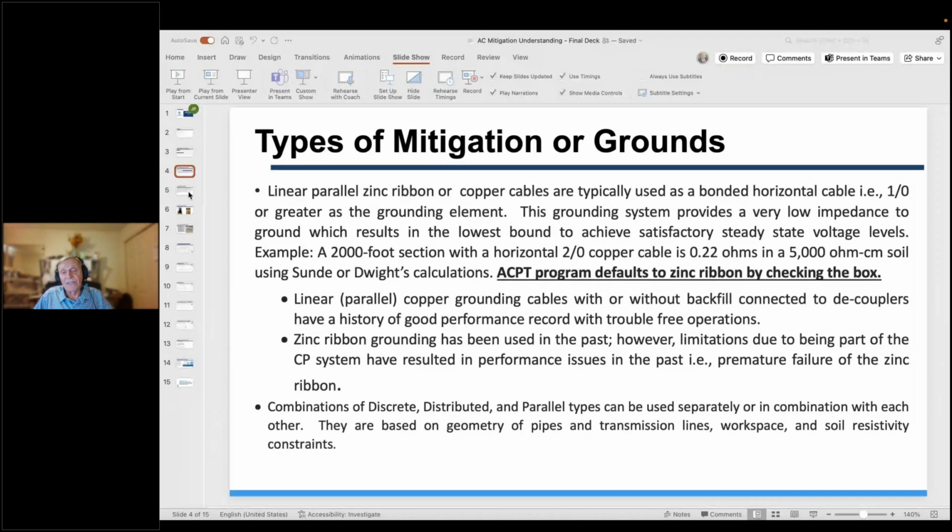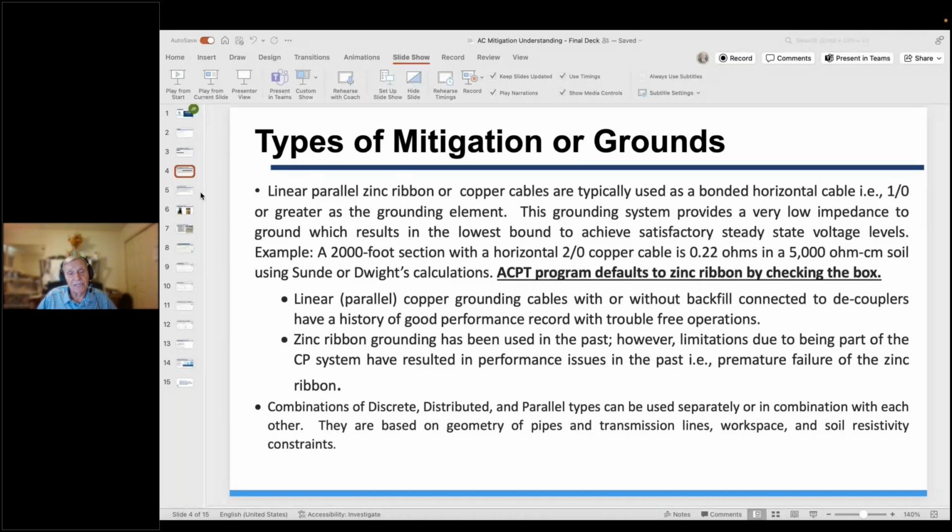Also, if you want to use zinc, that's not a problem. You could just check the box, and if it's a typical zinc ribbon, you don't necessarily have to put the resistance in there unless you wanted to. Say it's a thicker or heavier type of zinc, then you could add your resistance values in there. So I just want to let you know that we have these capabilities.